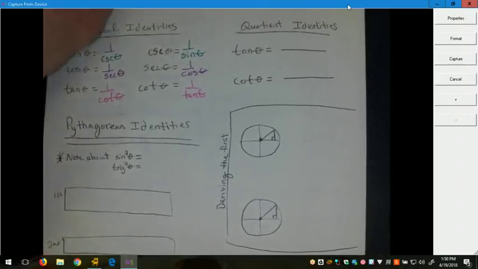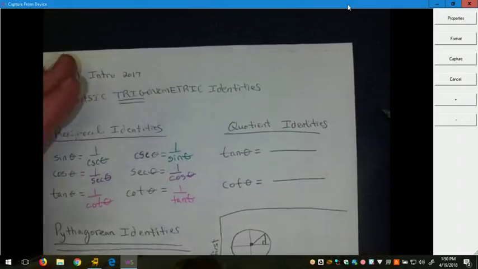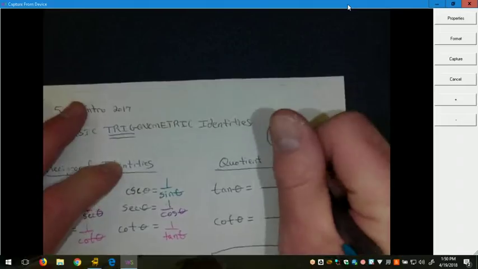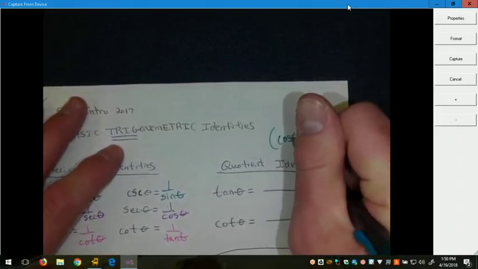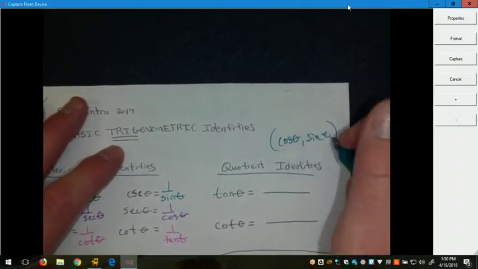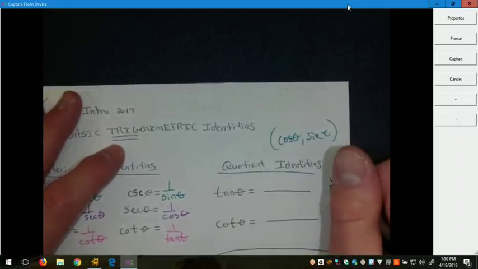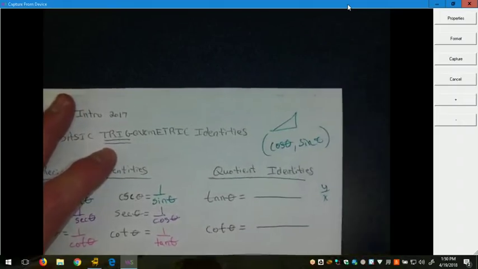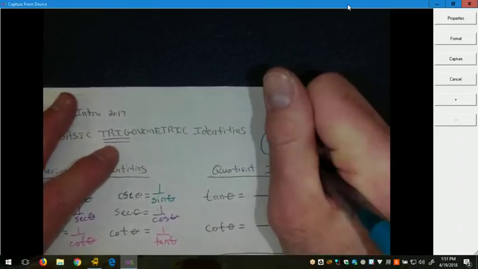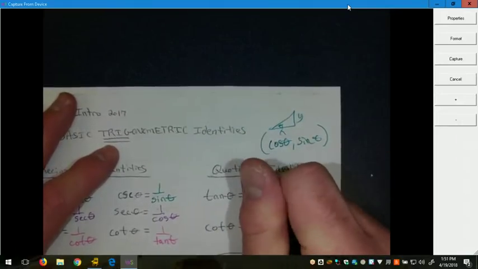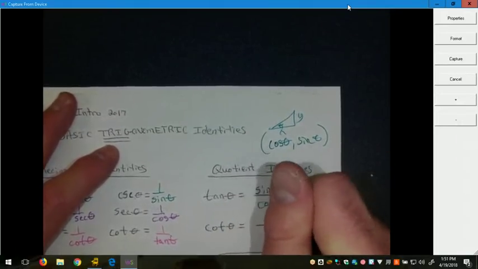Quotient identities. We've already discussed that tangent on the unit circle is y divided by x. And remember, on our unit circle, we have cosine theta, sine theta. So tangent is y divided by x, which is rise over run on our unit circle, and so it is equivalent to sine divided by cosine.